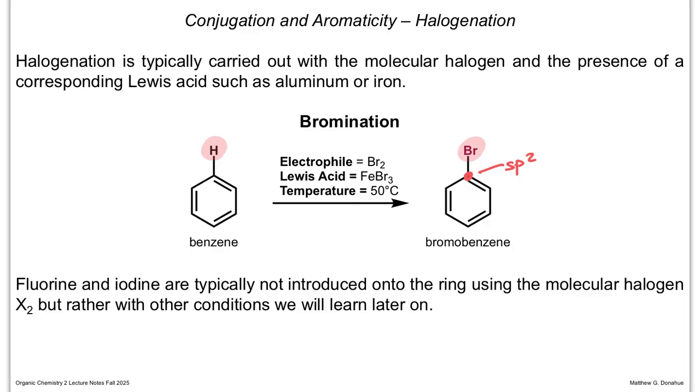Remember, those do not participate in SN2 reactions based on how the mechanism occurs with the trajectory of the nucleophile at 180 degrees from the leaving group. So even though you have a bromine on there, it's not a good leaving group.